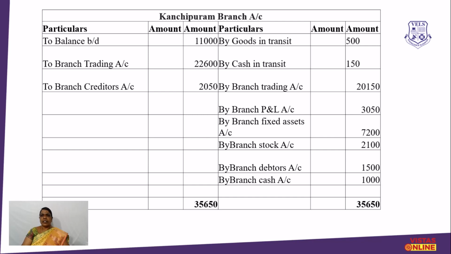By goods in transit 500, cash in transit 150, branch trading account 20,150, branch profit and loss account 3,050, then branch fixed assets 7,200, then branch stock account 2,100, branch debtors account 1,500, branch cash account 1,000. Total it, you will get 35,650.